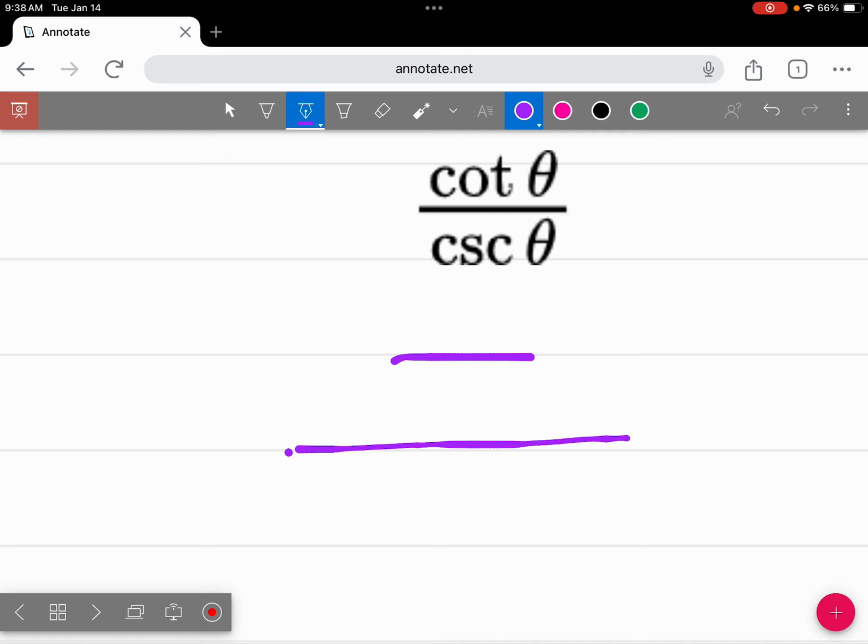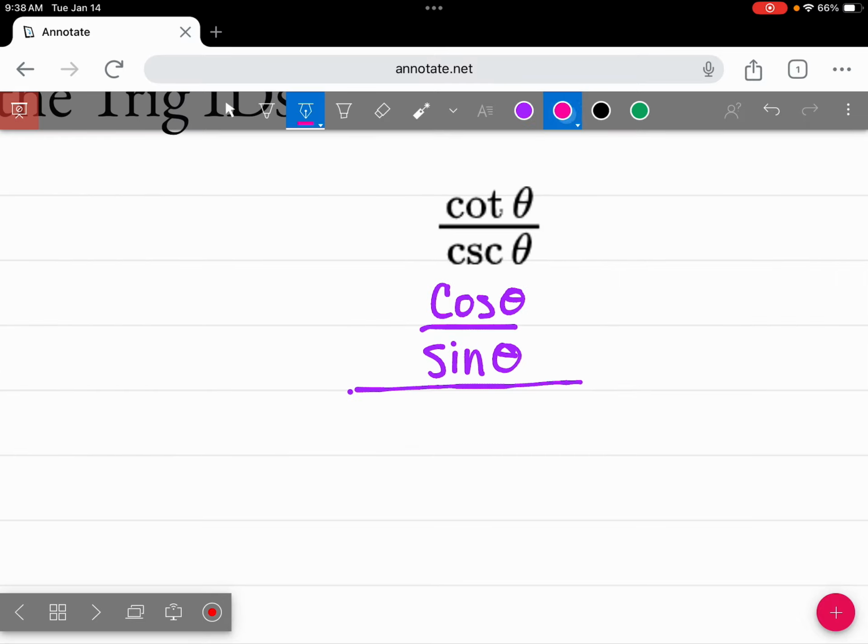So instead of being sine over cosine, it's cosine theta over sine theta. And cosecant is the reciprocal of sine. So we're 1 over sine of theta.